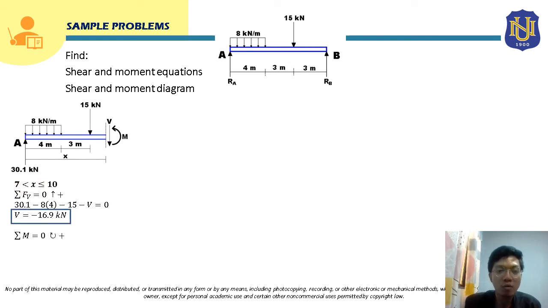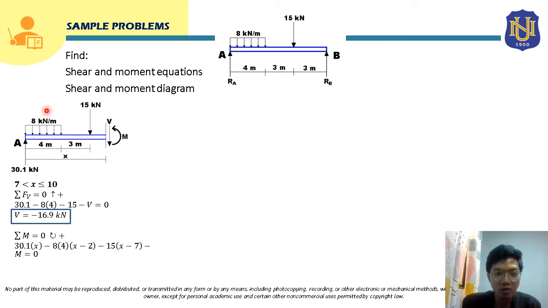Now for the moment, class, we will take moment at this section. The moment of 30.1 about this point will be 30.1 times its moment arm, which is x.